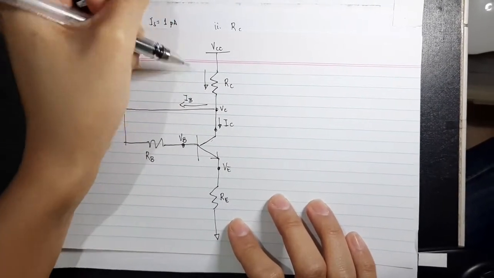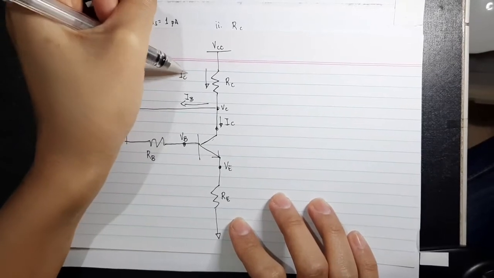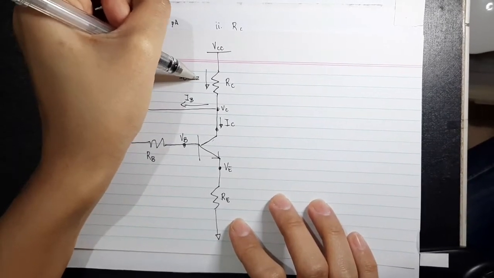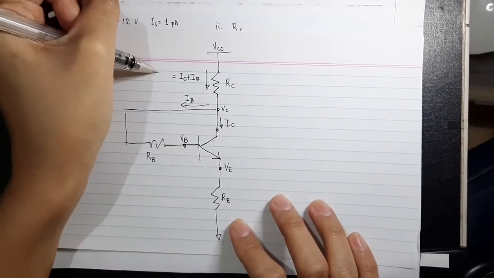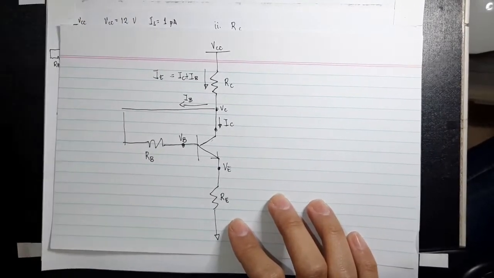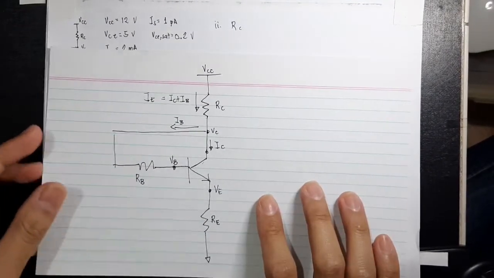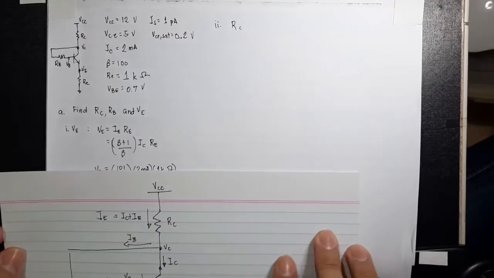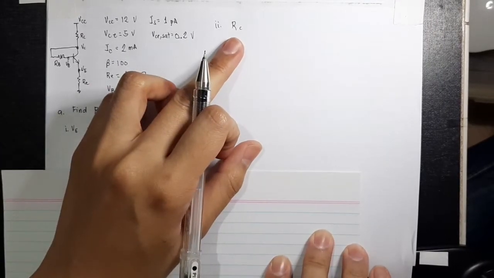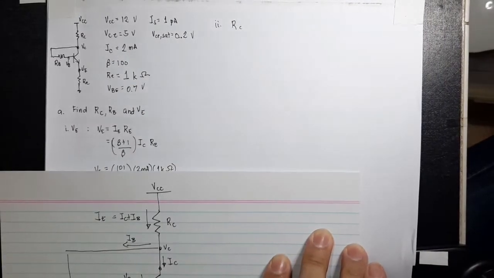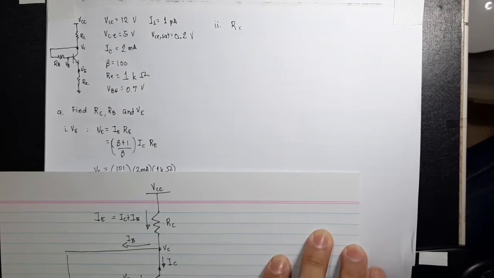So the value of this is IC plus IB, or it's also equal to IE. So, some things to note. In finding the value of RC, we can use KVL.